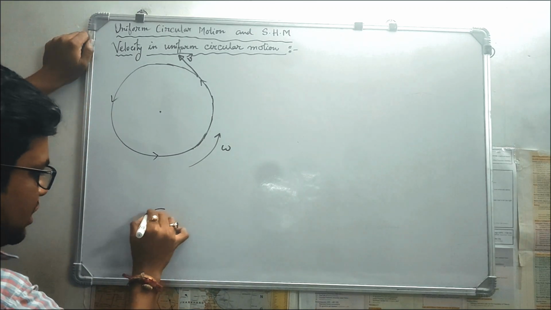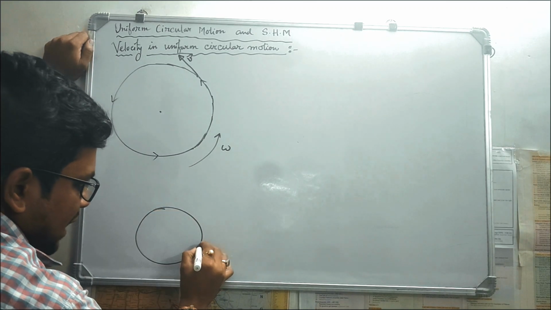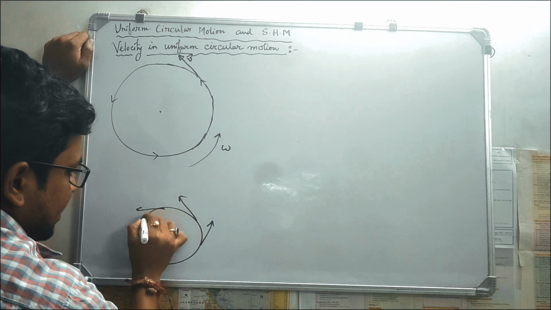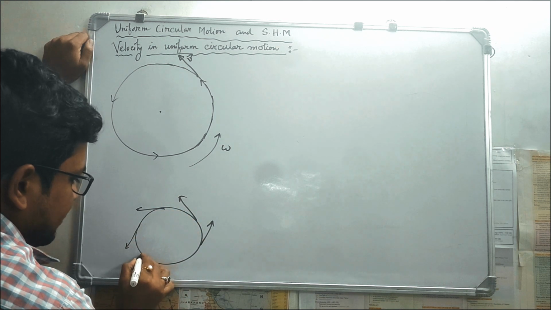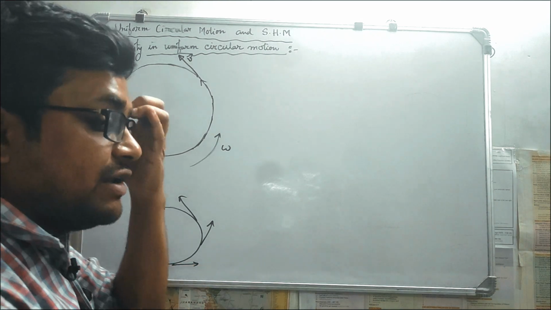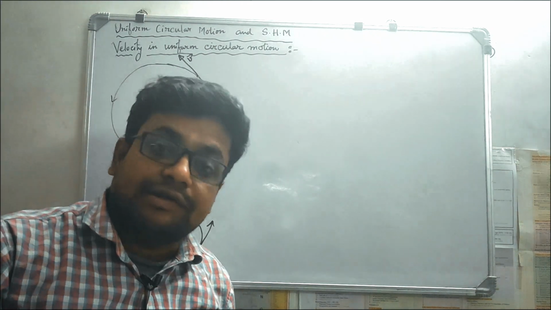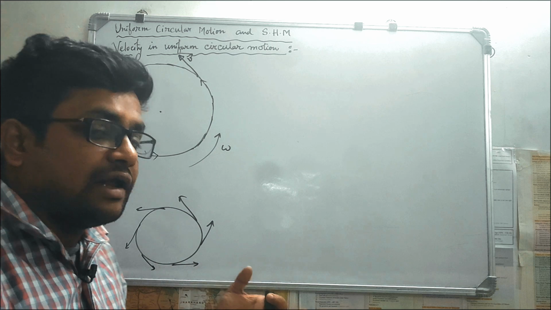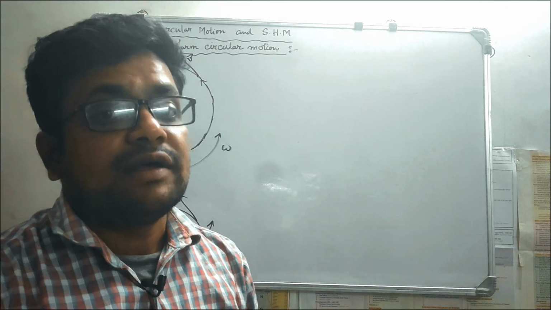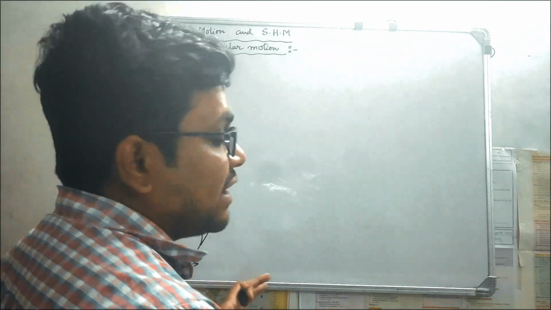Because in case of circular motion, at each and every point the velocity direction continuously changes. That is the reason why it is also called accelerated motion. Although it is a uniform motion, uniform means speed is constant, but the velocity continuously changes. And why does it change? Because the direction changes. As the direction changes, that's why I can say the acceleration is there. That means it is an accelerated motion.